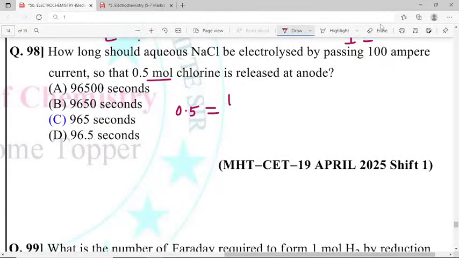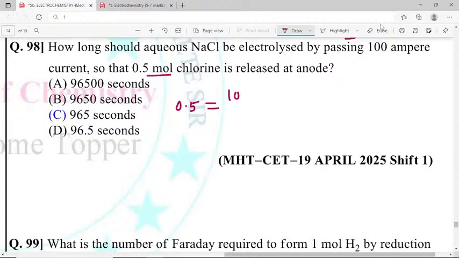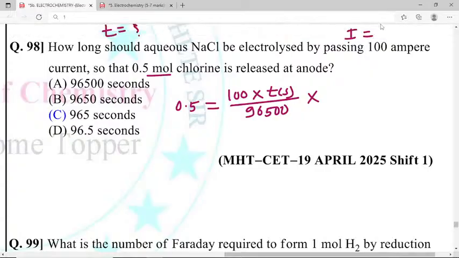So 100 multiplied by time in seconds divided by 96500 coulombs, multiplied by the mole fraction of chlorine, 1 by 2.